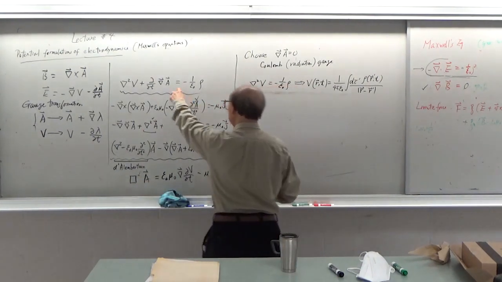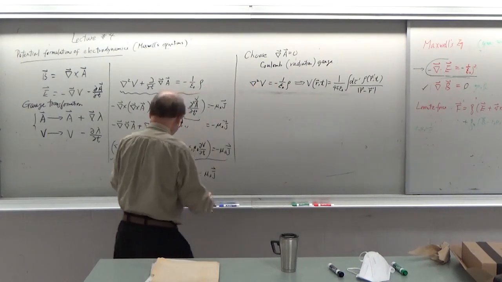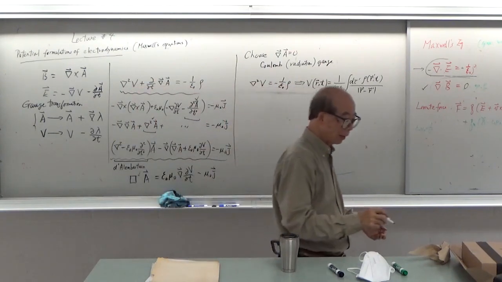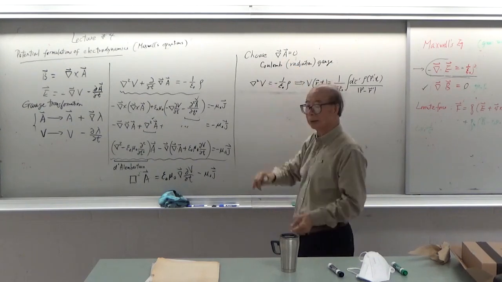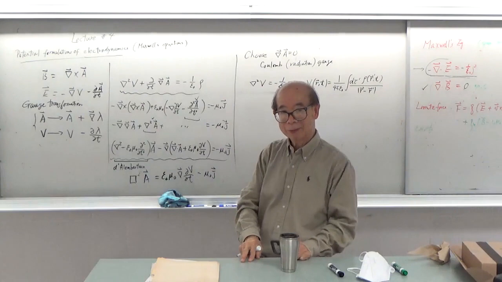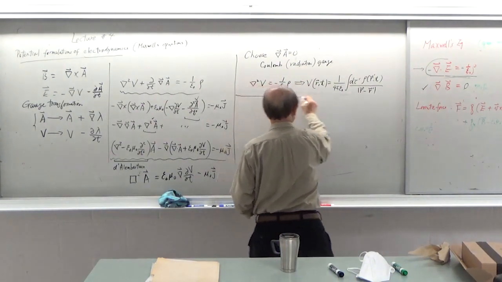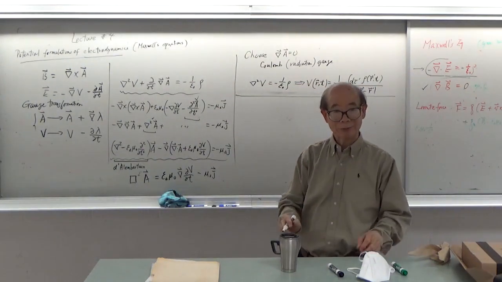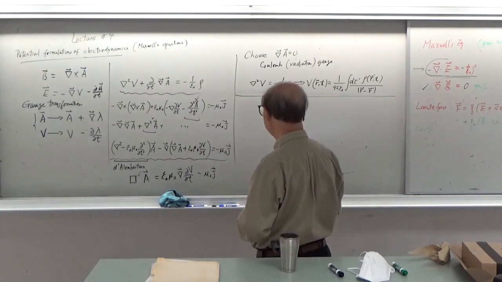So of the two equations, one is very simple, this one. The second equation is relatively hard. And that's the price you have to pay when we choose the radiation gauge or Coulomb gauge. I myself prefer to work with another gauge, namely the following.